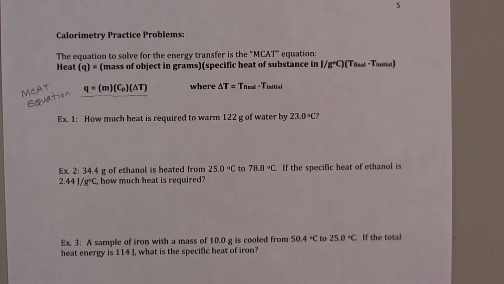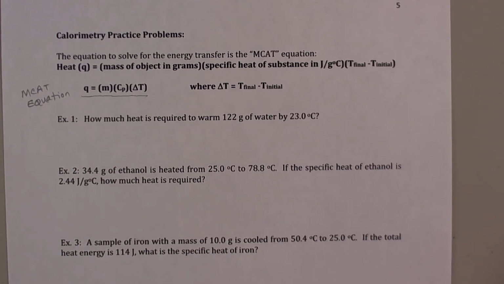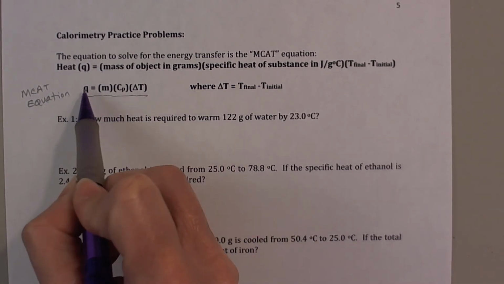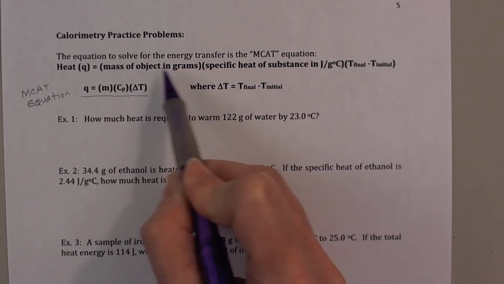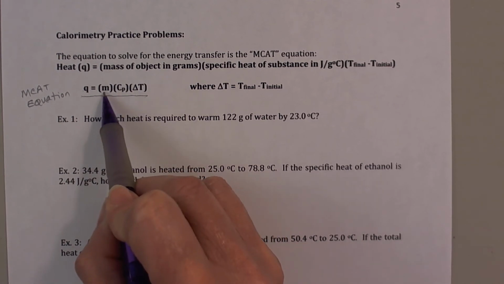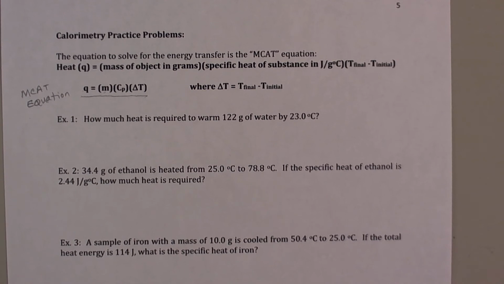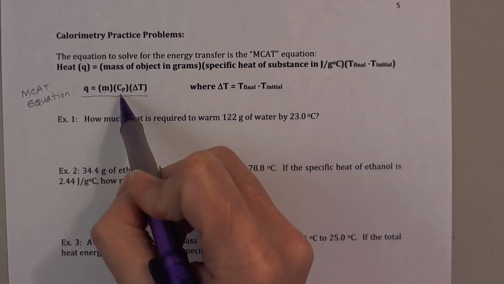And this is what we're going to be using to calculate heats of different reactions. So heat is our Q. M equals the mass of that object in grams.